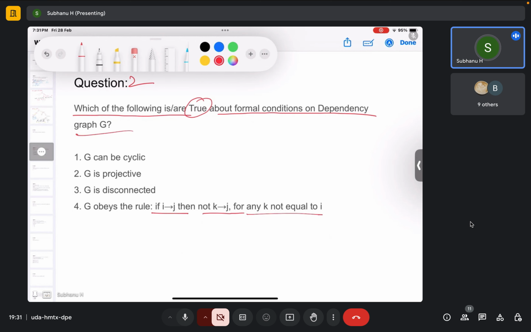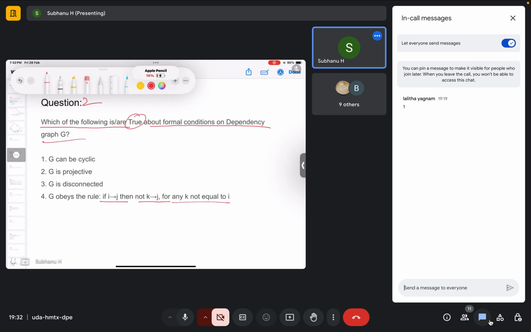So here we are talking about the dependency graph. You can write your answer in the chat box. Lolita is saying 1 and 2. Lolita, you are incorrect. Okay.